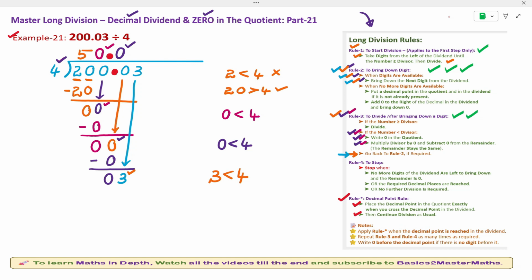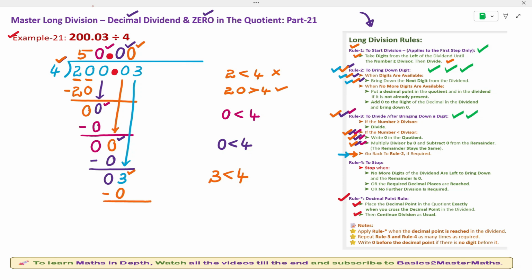So, as per rule 3, if the number is less than the divisor, write 0 in the quotient, then multiply divisor by 0 and subtract 0 from the remainder. 4 zeros are 0.